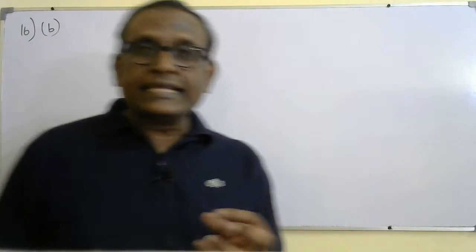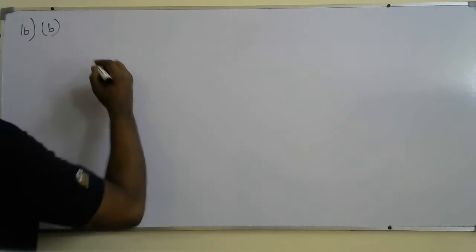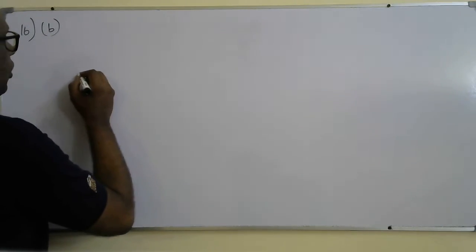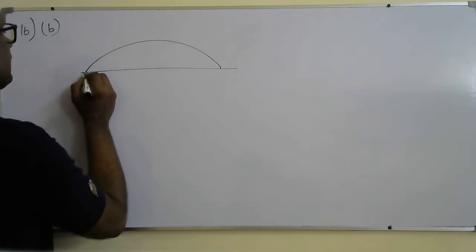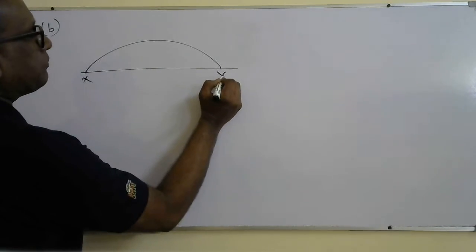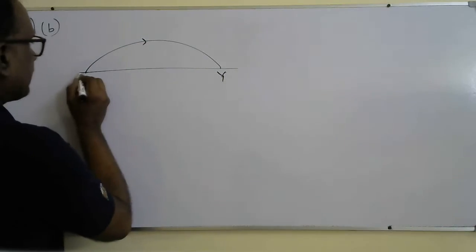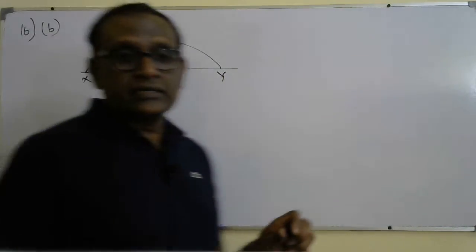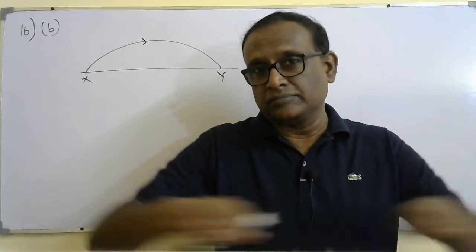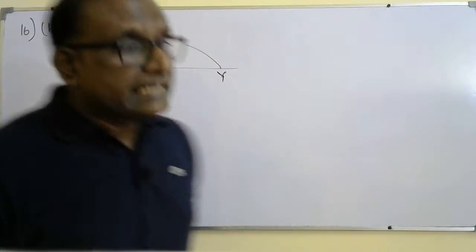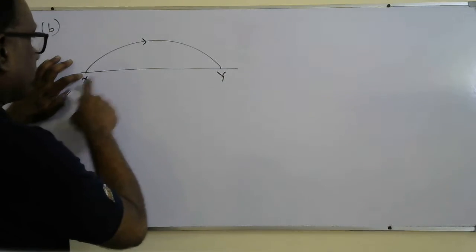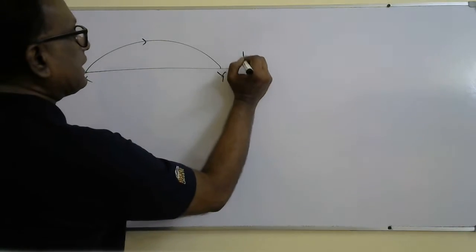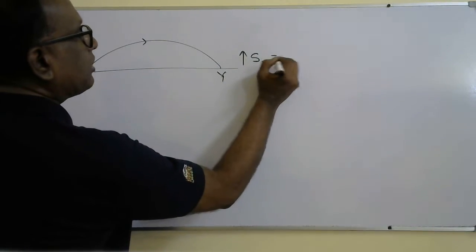So you know the technique here. Say for example, think like this. If a projectile is projected on a horizontal floor at an angle, when it returns from x to y, that's the path of the projectile. So if xy is a horizontal floor or horizontal plane, the vertical displacement, when the projectile completes its motion from x to y, equals 0.